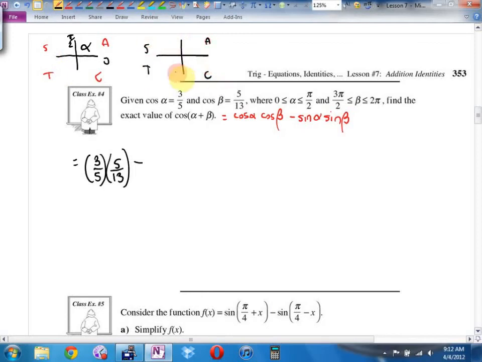Well, it's telling me that beta is between 3 pi by 2 and 2 pi. It's telling me that beta is sitting right there. You know what that means? That's positive and that's negative. CAST rule, right?